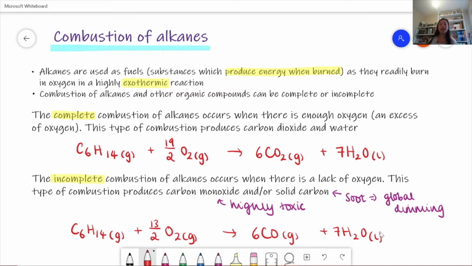So if we have a lack of oxygen, then carbon monoxide will be formed instead of carbon dioxide. And this carbon monoxide is very, very toxic. It's also known as the silent gas because it can replace the oxygen going around your blood, and your blood can carry around carbon monoxide instead. So then you'd have a lack of oxygen, and so you'd find it really hard to breathe.